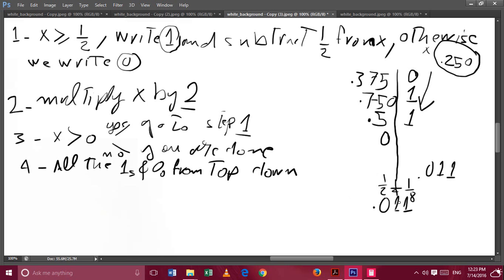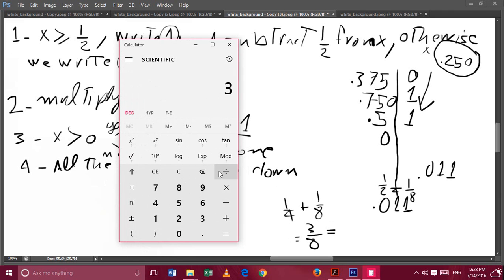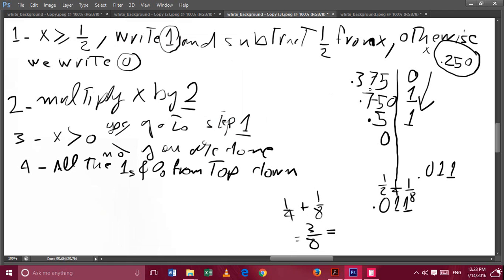So add those up, 1/4 plus 1/8. That would be 3/8. Why? Because this is 2/8. So 3/8 is, let's use a simple calculator, 3/8 equals, and it is indeed 0.375, which is what we started with.